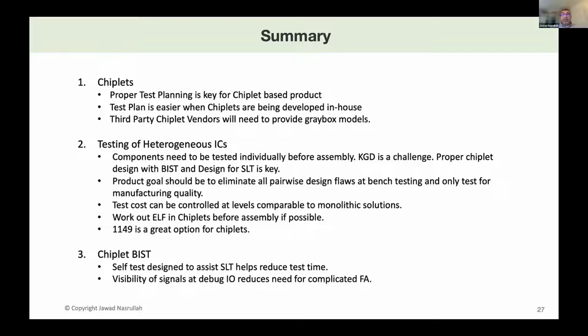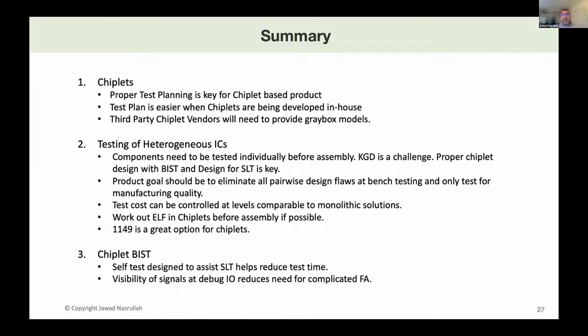So somebody has to take the hit for it, but the final integrator has to make sure that no bad parts go out to the customer just because an incoming component was bad. Hence, SLT is critical. Pairwise faults, we have to find them in the design, and we have to work them out at bench and reserve testing only for manufacturing quality. That's from an economics point of view important.